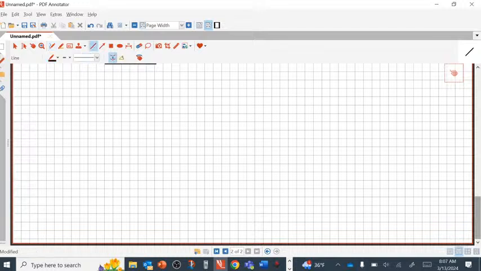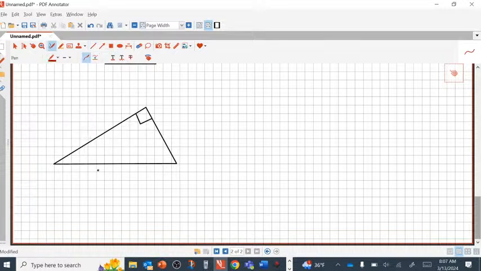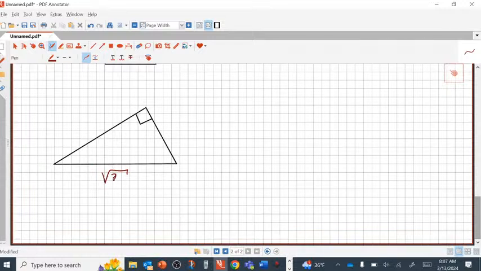Go ahead, and got a pencil? Yep. This is the square root of 30 centimeters.